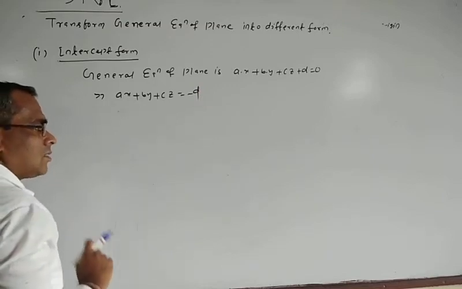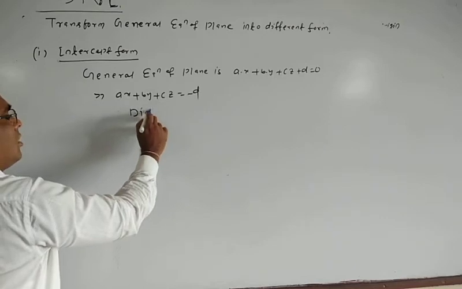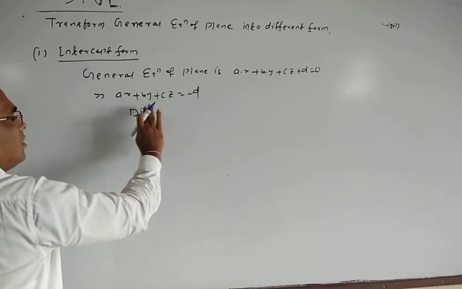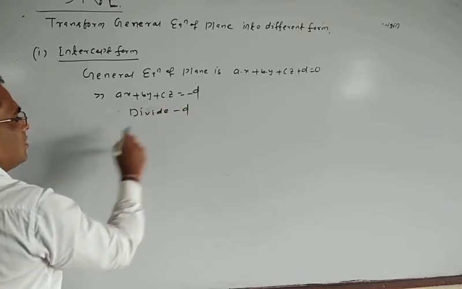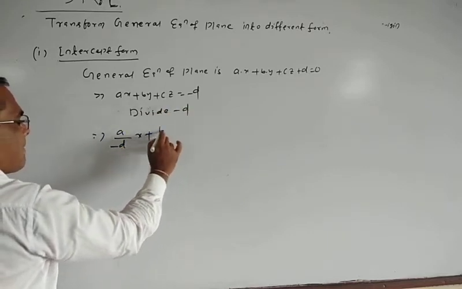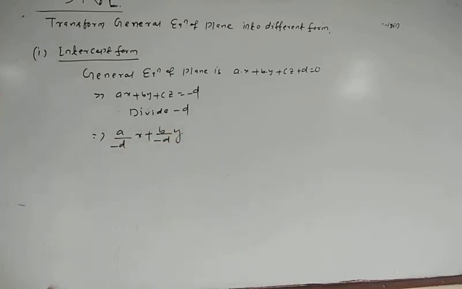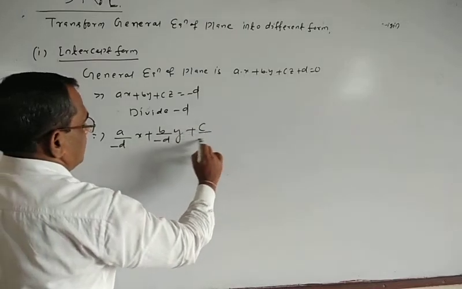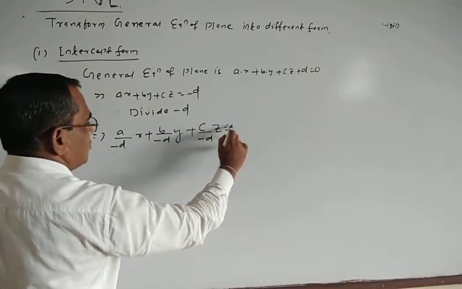Since in the intercept form the right-hand side is 1, here divide by minus d. That is a by minus d into x plus b by minus d into y plus c by minus d into z is equal to 1.